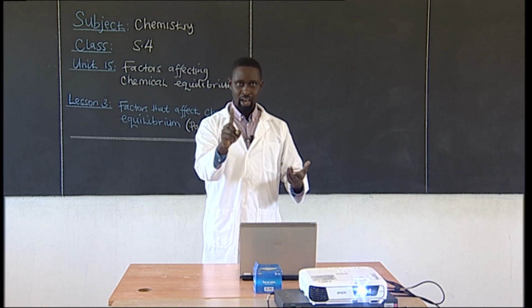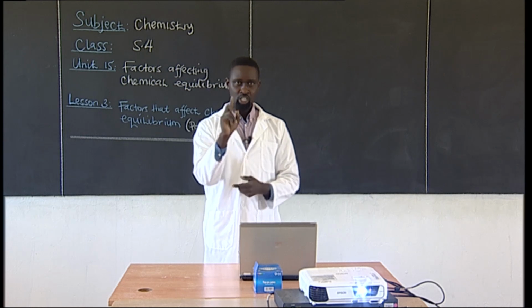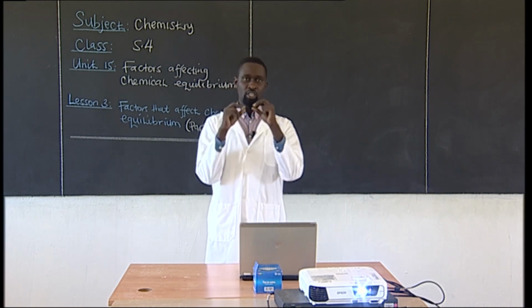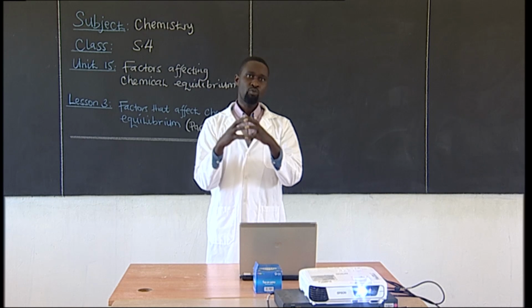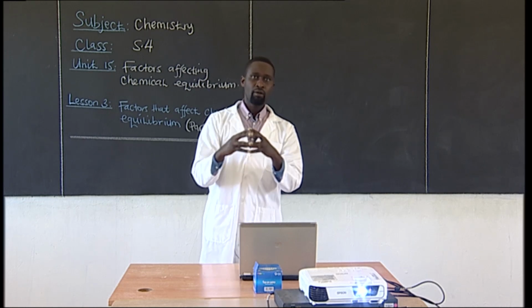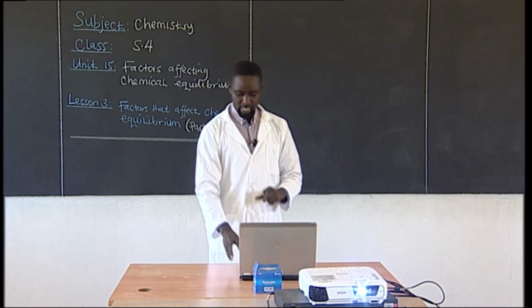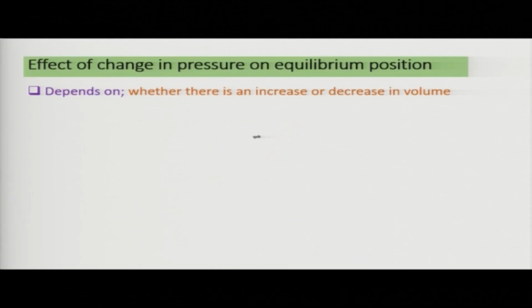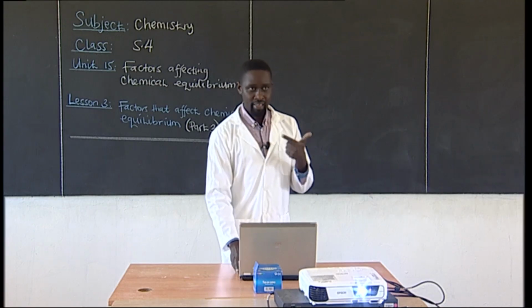And that is where pressure comes in to have an effect on equilibrium for gaseous molecules. Let's see how that exactly comes in. When you're looking at the effect of change in pressure, you look at whether there is a decrease or an increase in volume, and how they are related.